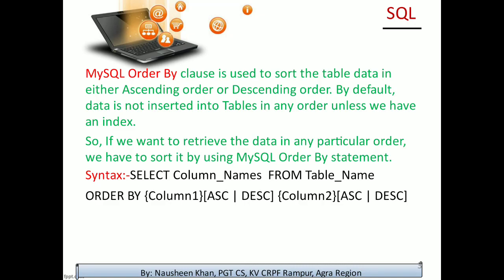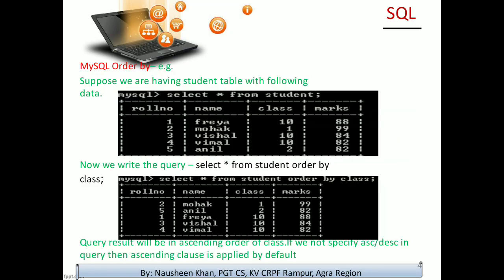This is the syntax. Select column names from table name order by, and we can give multiple column names if we want to sort according to different columns. Here is an example. Suppose we have a student table with roll number, name, class and marks.